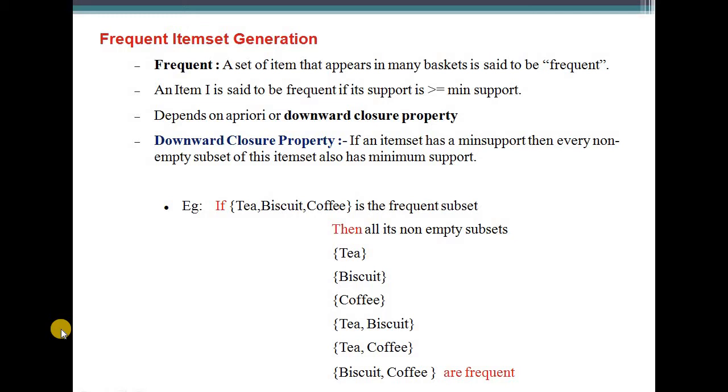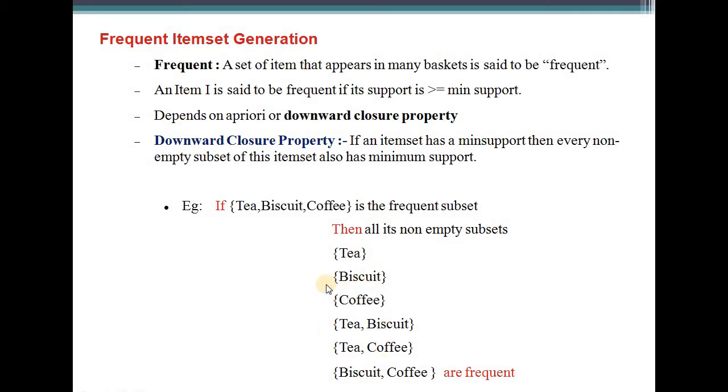The downward closure property says when you have a frequent item set, all the non-empty subsets of that particular set will also have minimum support. For example, we have a frequent item set {tea, biscuit, coffee}. If it is frequent, then all the non-empty subsets of this set, that is tea, biscuit, coffee, {tea, biscuit}, {tea, coffee} and {biscuit, coffee}, as shown here, should also be frequent.